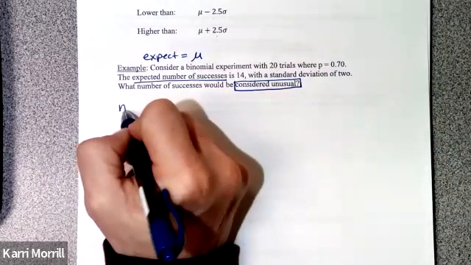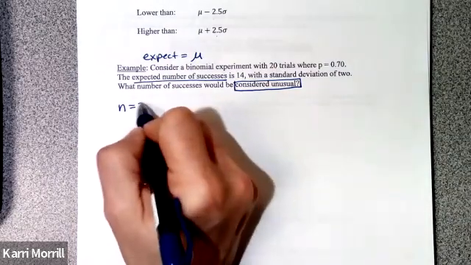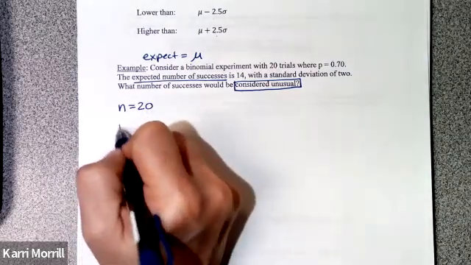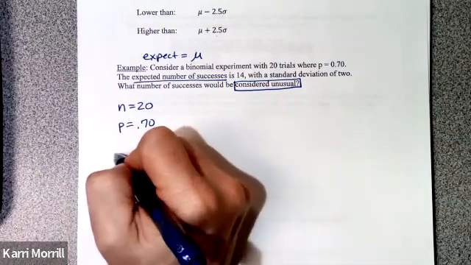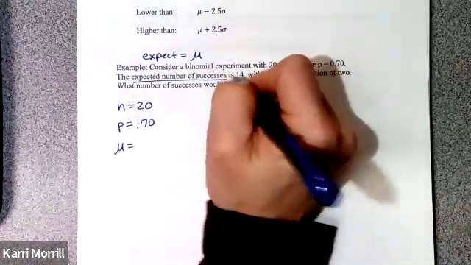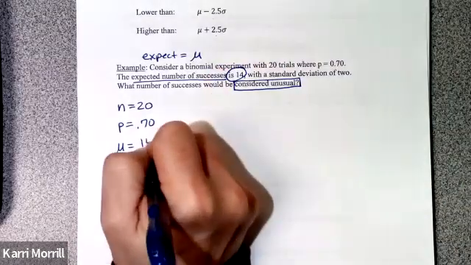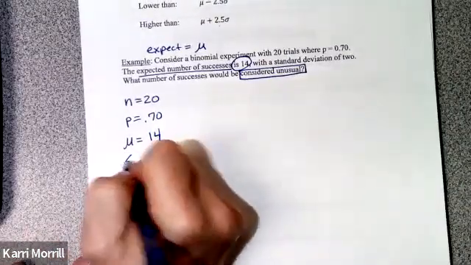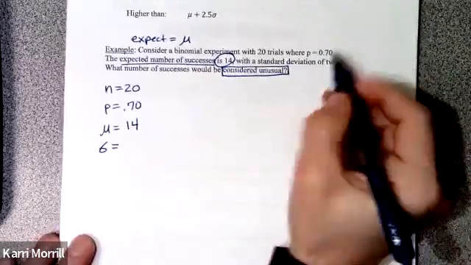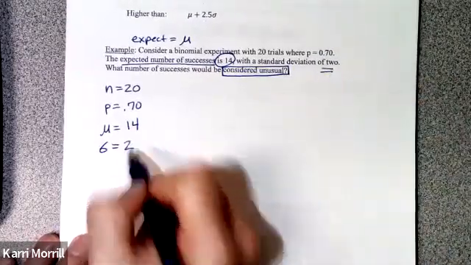So our N number, we said there were 20 trials. Our probability of success was 0.70. Our mean, they tell us, is 14. So we don't have to go find it. And our standard deviation they give to you is 2.